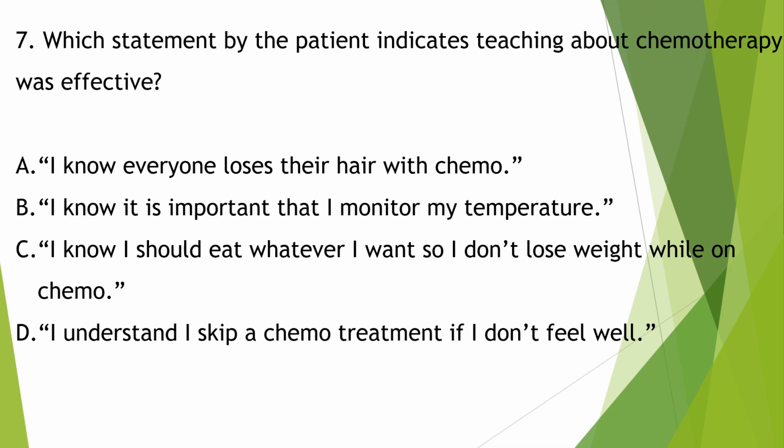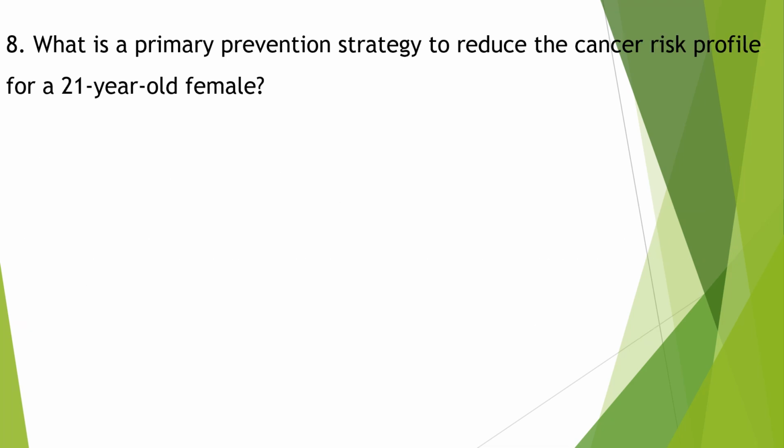Here, monitoring temperature is very important due to the risk of infection, because the WBC count is going to be reduced with chemotherapy. The loss of hair or weight loss is not so common with everyone, and the patient should not skip the treatment. So the answer here is the patient has to monitor the temperature.